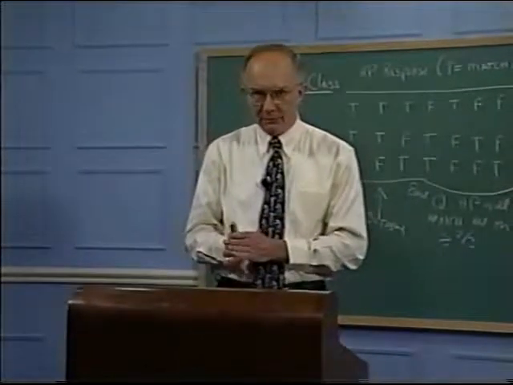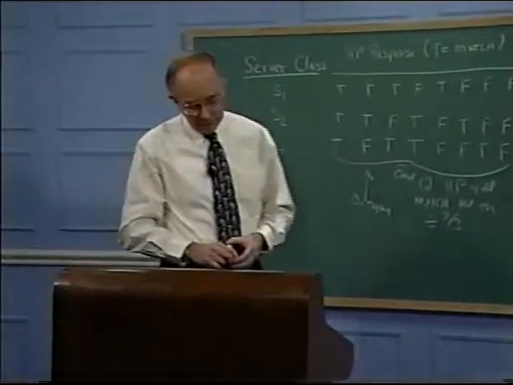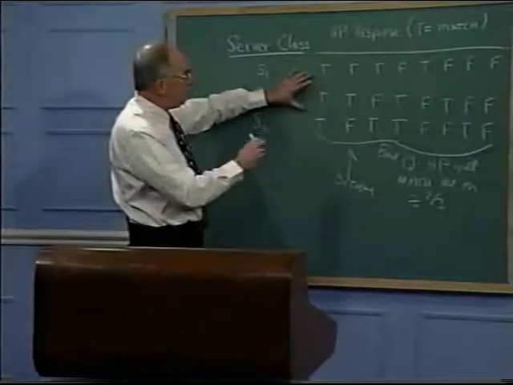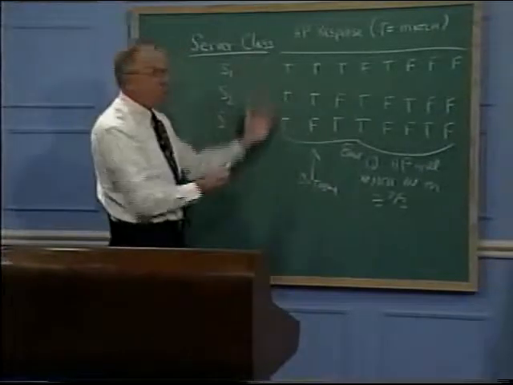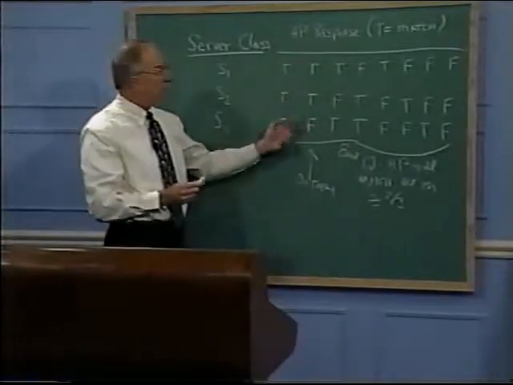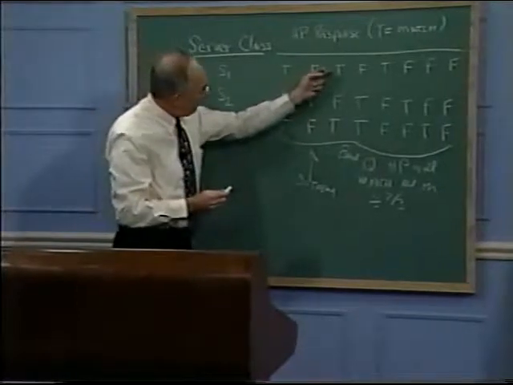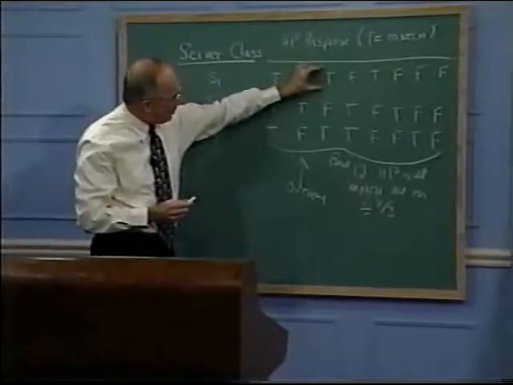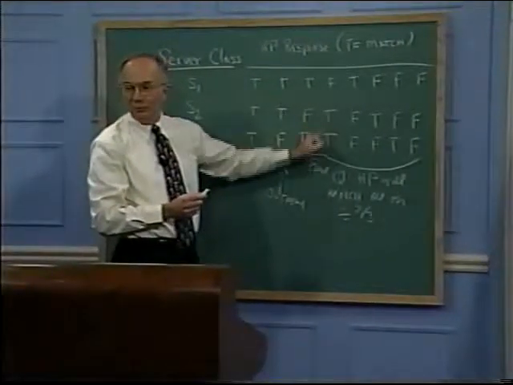That's an event. Now it turns out that in this case this would be favorable to Q because all 3 match. This would be favorable because server 1 and 2 match. This one would be favorable, number 3, because number 1 and 3 match, and number 4 would also be favorable because 2 and 3 match.